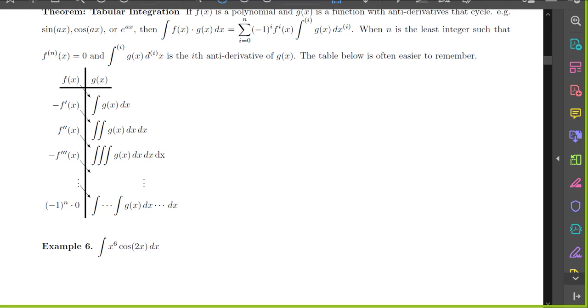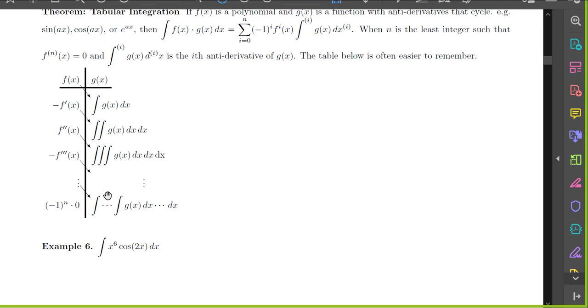We change the sign of every other term in the first column, and then we multiply down the diagonals until we get to the 0 term, because 0 times anything is 0. Once the polynomial gets to 0, we can stop, because the 0 will knock all of that stuff out.